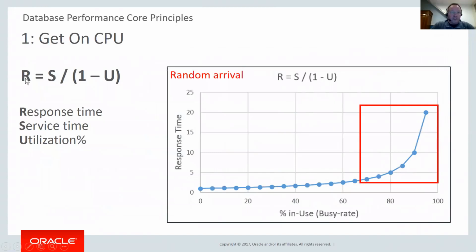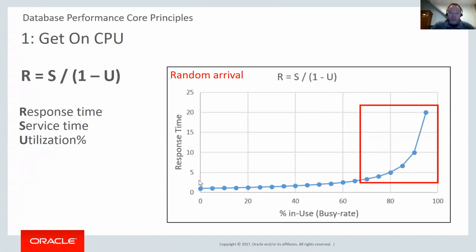The response time of a request that needs to be serviced on a resource that has a certain utilization percentage equals the service time once it is on the resource divided by 1 minus u. So let's say utilization is 0%, you get scheduled immediately, then response time equals service time. Say service time is normally 1 second, then your response time is 1 second because you get scheduled immediately on the resource, in this case the database core.